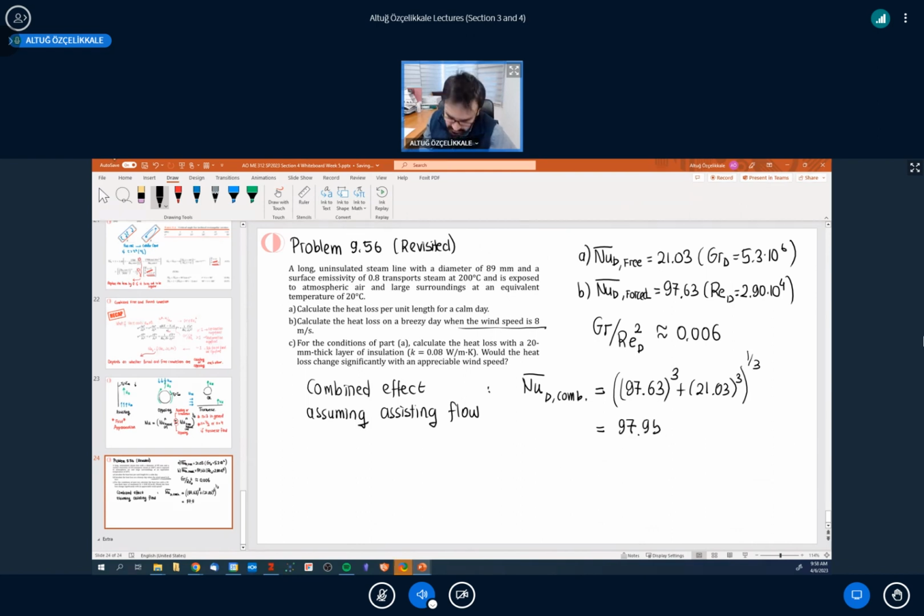In effect, we're getting approximately a 0.3% increase, and that's much less than the uncertainty associated with the correlations that we are using. So I wouldn't call this very significant in heat transfer due to free convection. Does this make sense? This is essentially how we treat a combined forced and free convection problem.